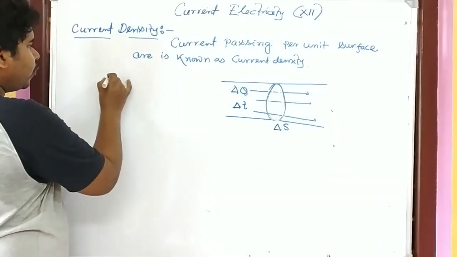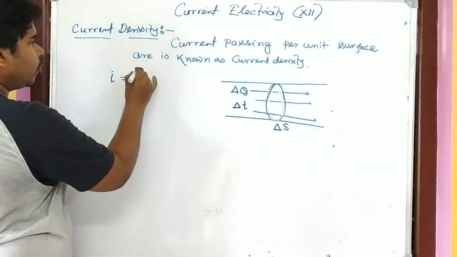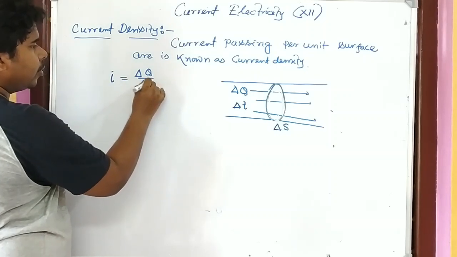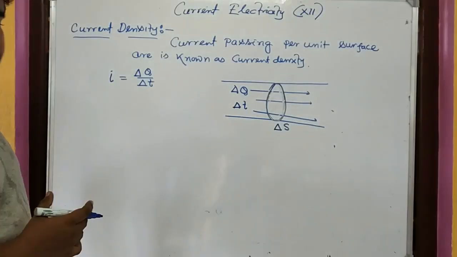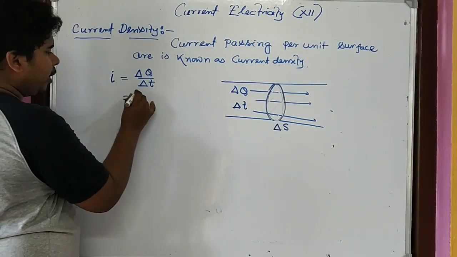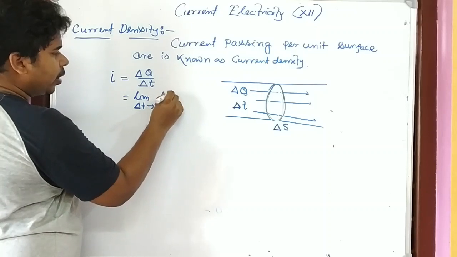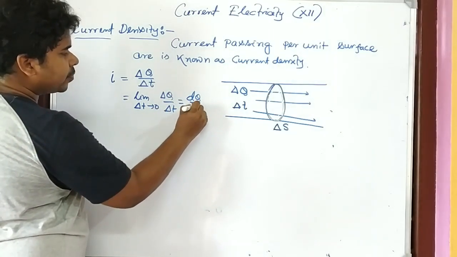So if I want to find out the amount of current I, I equals del Q by del T. And if del T is very small, that means if we write the limit del T tends to 0, del Q by del T, it should be dQ by dt.